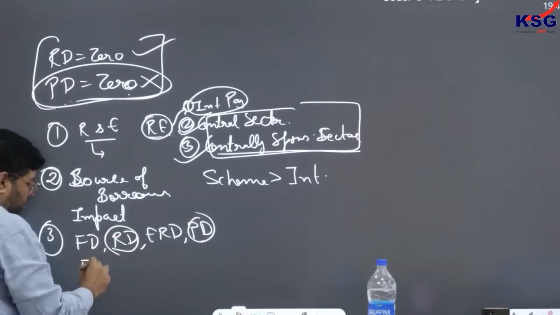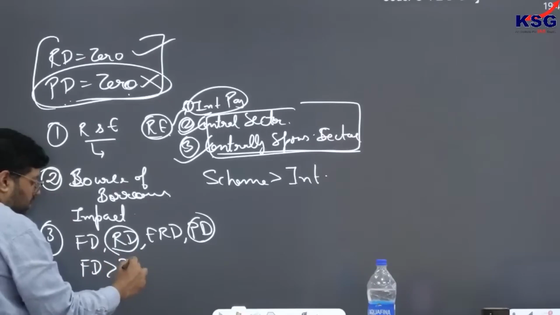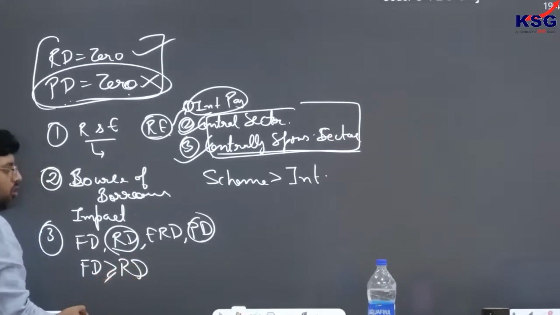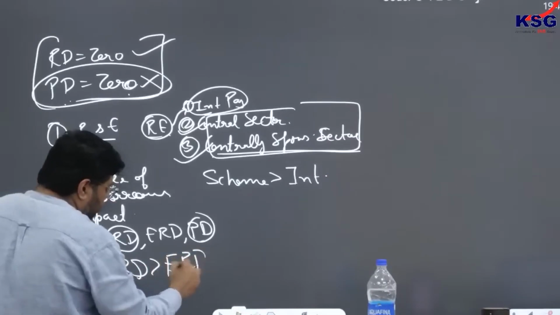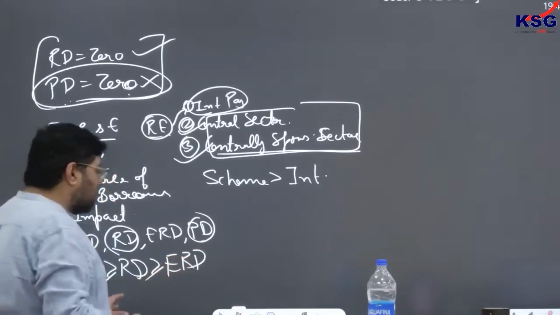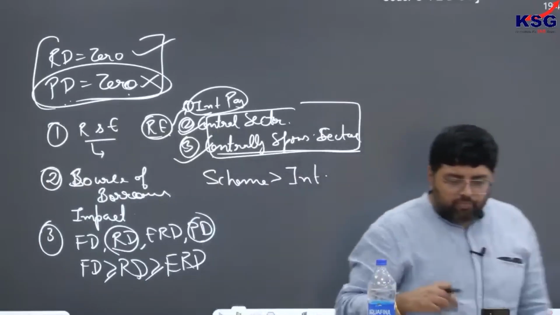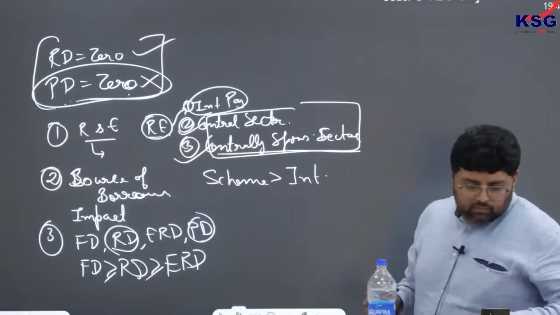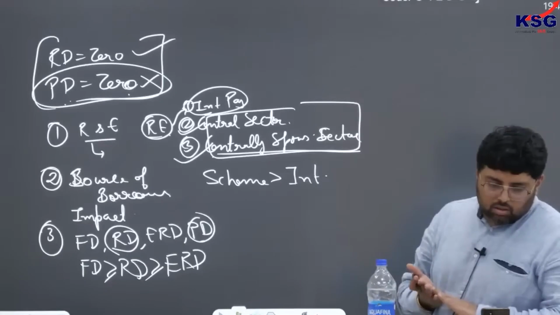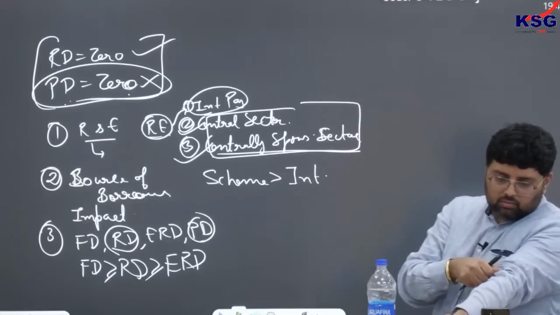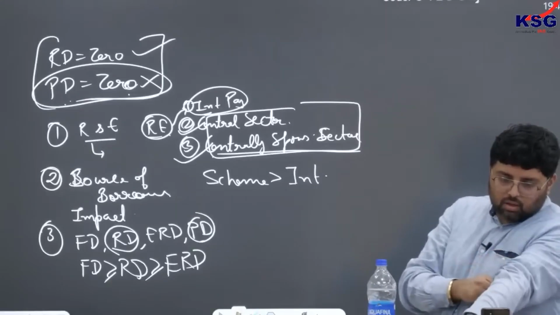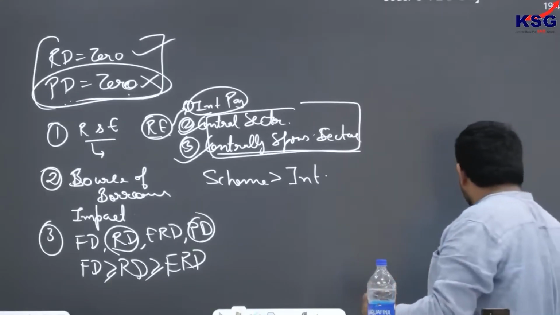And the value of FD will always be more than or equal to RD, so RD cannot be more than FD. Remember this. Similarly, RD is always more than or equal to ERD. So now you understood this relation also, I think. I hope it is clear to everyone. Clear? So this is what you have to remember.